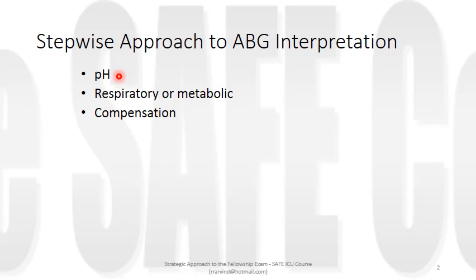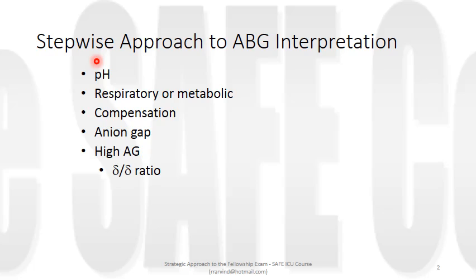Once I've determined whether it's a respiratory or a metabolic problem, my next priority is to find out what the anion gap is. The anion gap must always be corrected for albumin, so you always use the corrected anion gap, not just the raw anion gap. Once you get the corrected anion gap, you determine whether it is high or normal.